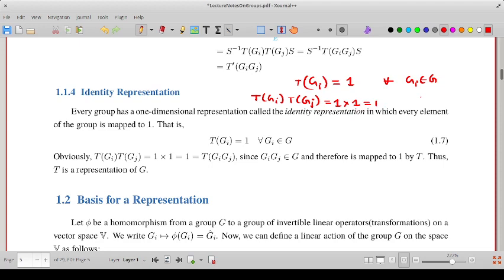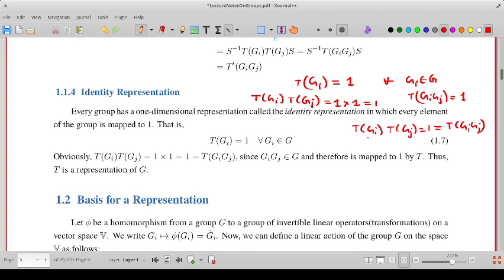Now we see that GiGj is an element of the group G, and therefore the mapping T assigns again the number 1 to it. So we see that T(Gi) T(Gj) is equal to 1, which is also equal to T(GiGj). So T(Gi) T(Gj) equals T(GiGj), and therefore this mapping is a homomorphism.